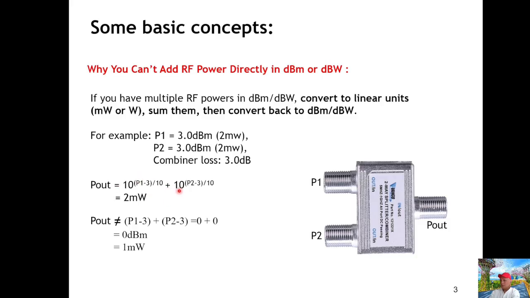P1 is 3 dBm minus 3, which is 0, so 10 to the power 0 is equal to 1. It is the same for this one. But you can't calculate this way: P1 minus 3 plus P2 minus 3. That is 3 minus 3 equal to 0, and P2 3 dBm minus 3 dB loss equal to 0, so 0 plus 0 dBm, then convert back is 1 milliwatt. That's wrong. So keep all these concepts in mind. We can then discuss the details.